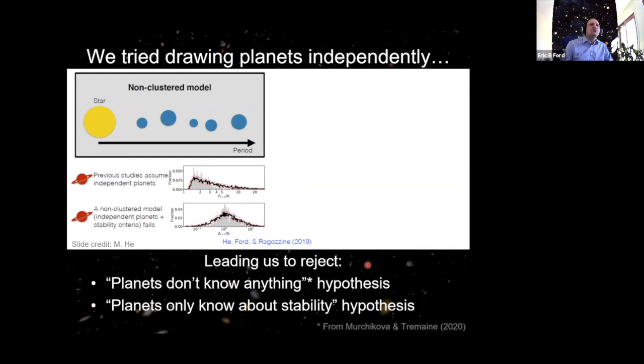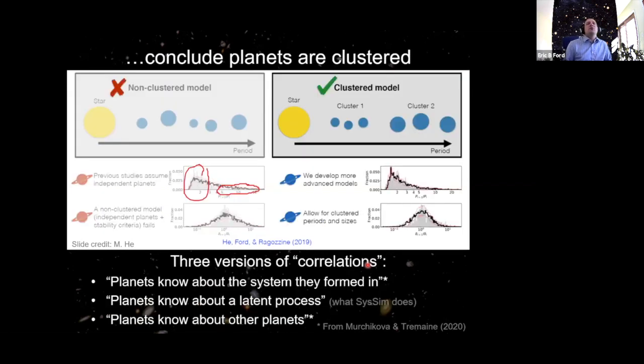But if you do that, if you look at things such as the orbital period ratio distribution or the transit depth or the planet size distribution, you're not able to model the results with those distributions. And so instead, we're driven to models where we allow for correlations between the orbital periods within a system and also the sizes of planets within a system.